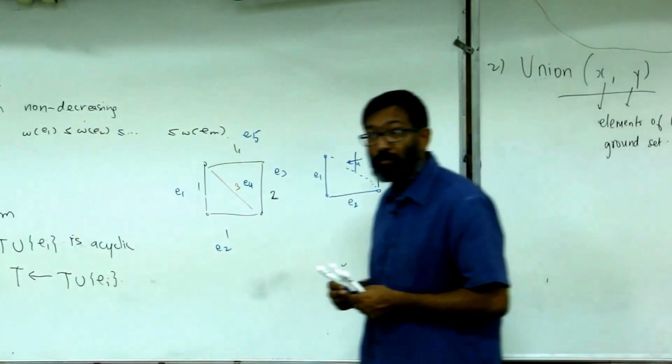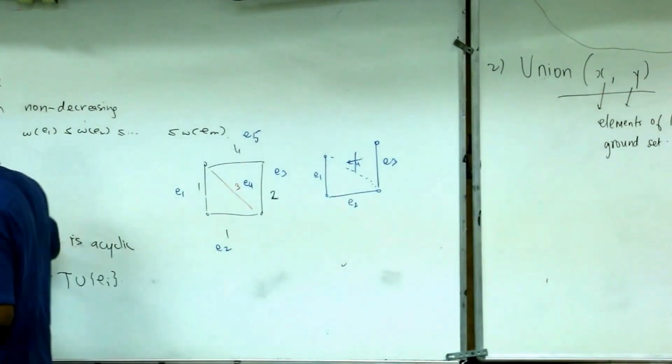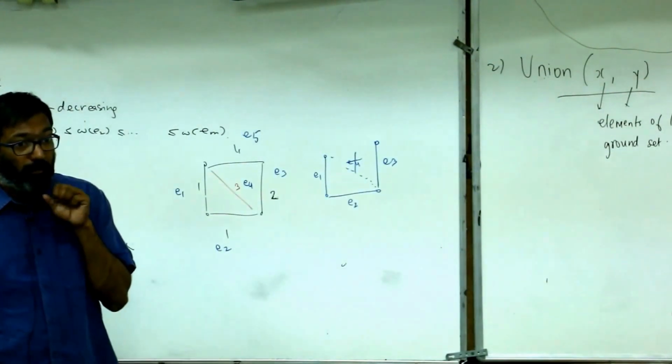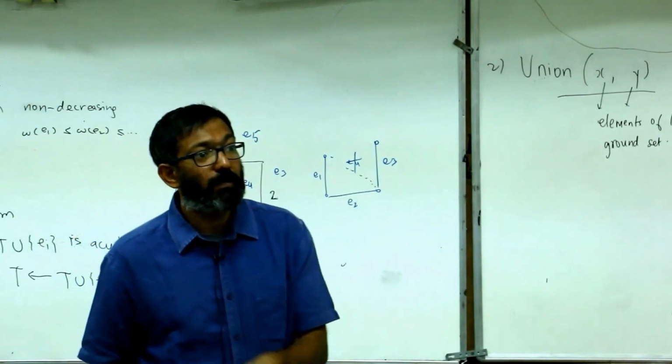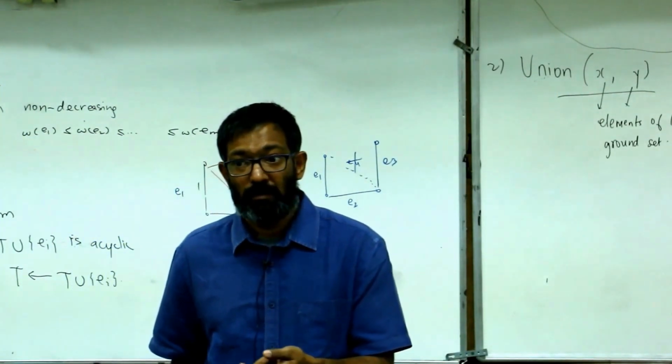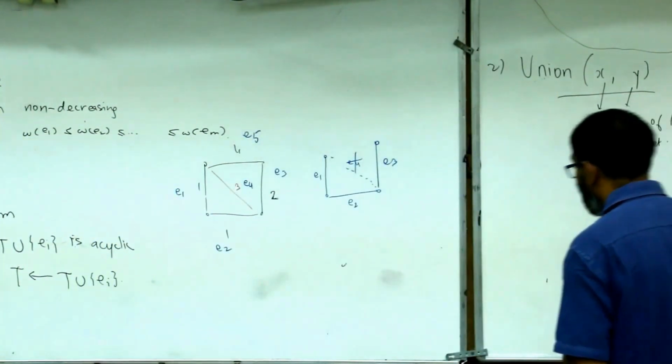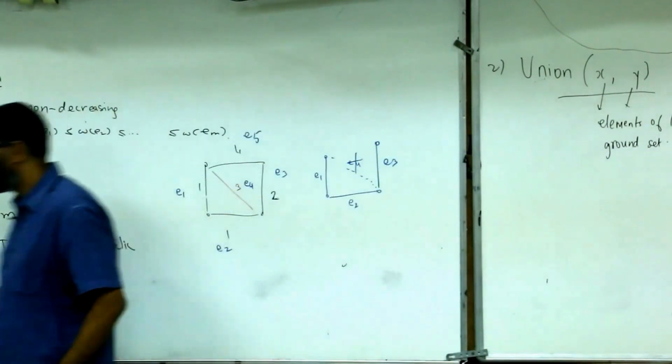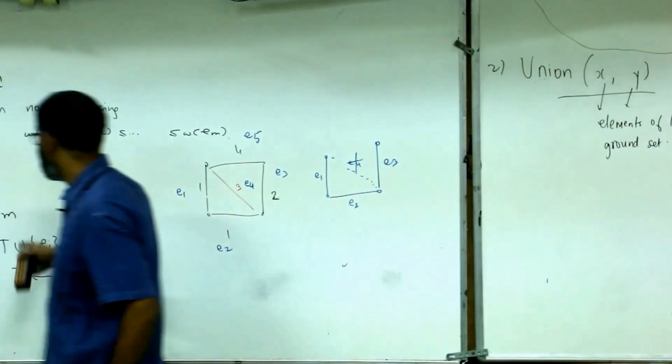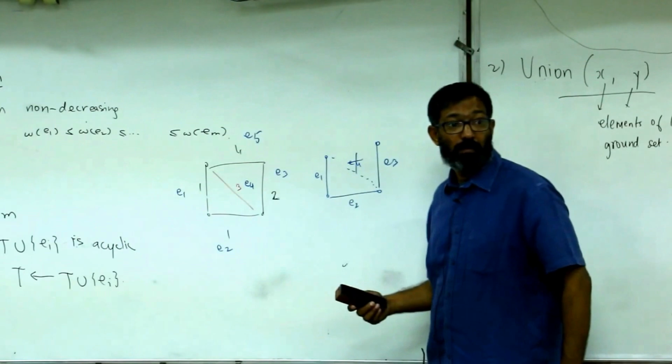So what do we want to do at each step? When you add an edge, you want to check if it creates a cycle. So at any intermediate stage, how does the set of edges in T look?